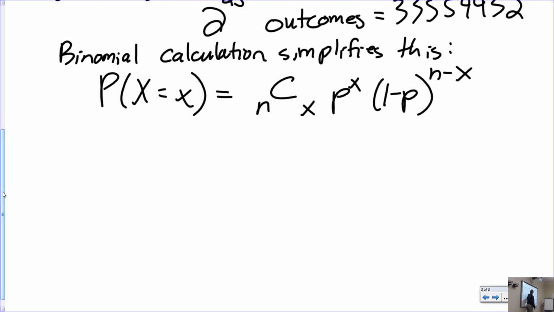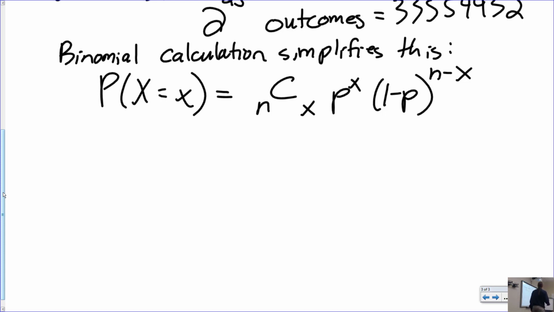First off, what does the nCx mean? Combinations. This is the combination of n things taken x at a time. This is what we learned back in chapter 4. So we'll play around with those a little bit more, and that's why we covered those in chapter 4, because we use them here in chapter 5 on a regular basis.